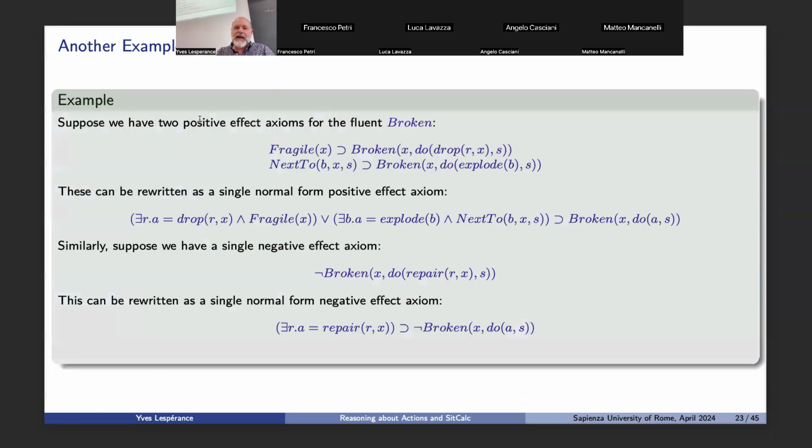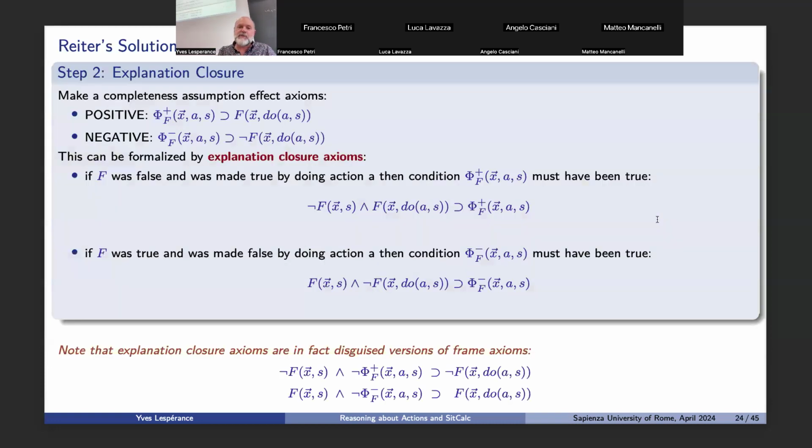So if you go back and look at this, it says that if the action is the robot dropping X and X was fragile before, then X becomes broken. If X was next to a bomb and the action was the bomb exploding, it becomes broken after A.